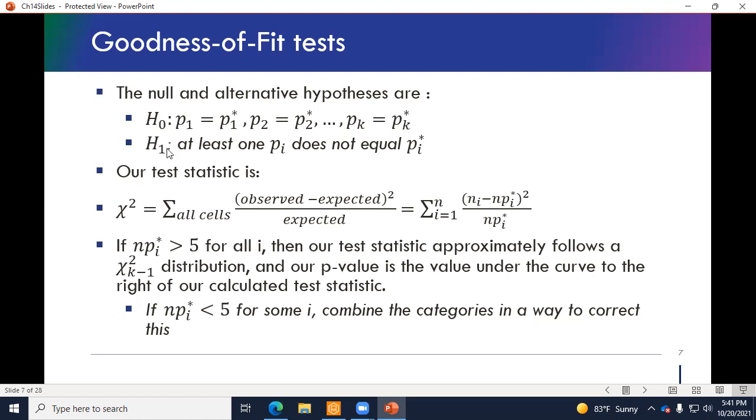The opposite of this is that at least one Pi does not equal Pi star. So they are all equal, and the opposite would be at least one of them does not equal. And our test statistic is like this. We take the observed minus the expected, square the difference, divide it by the expected count, and we sum over all the cells.